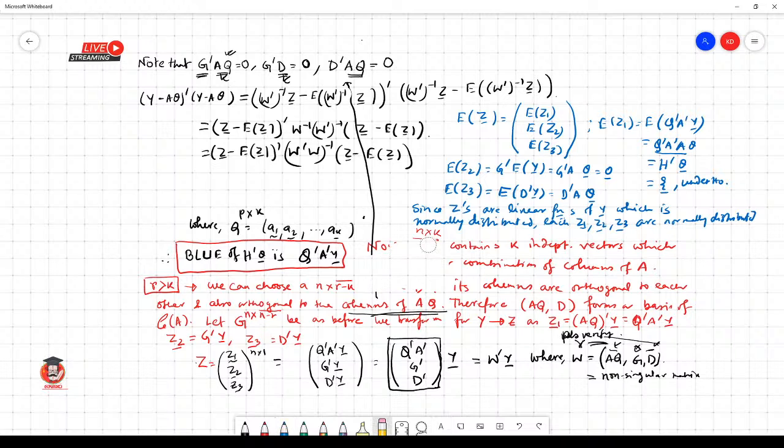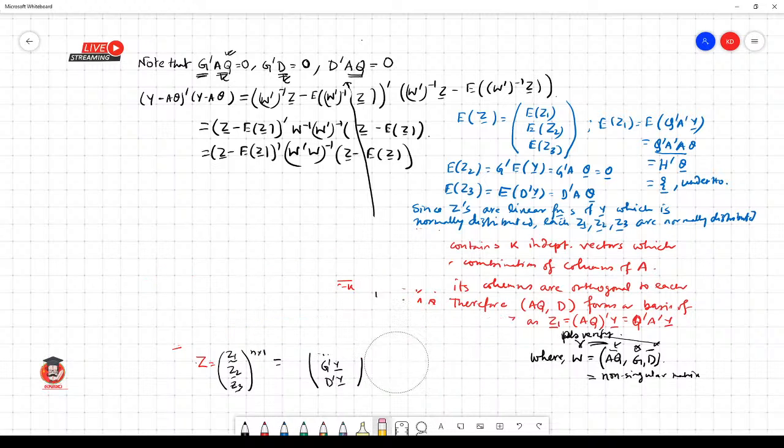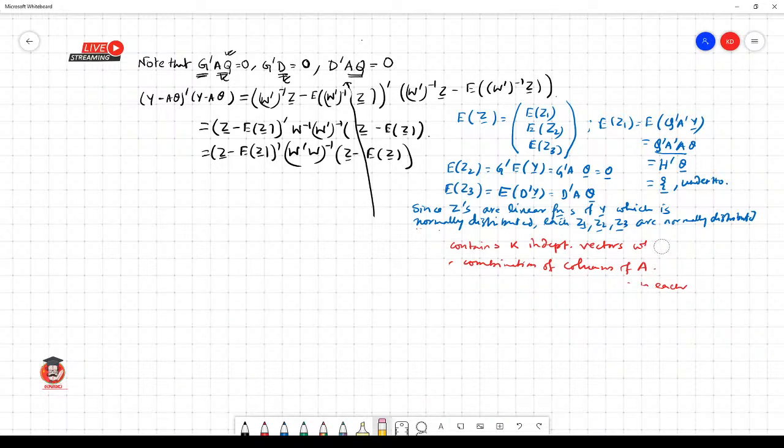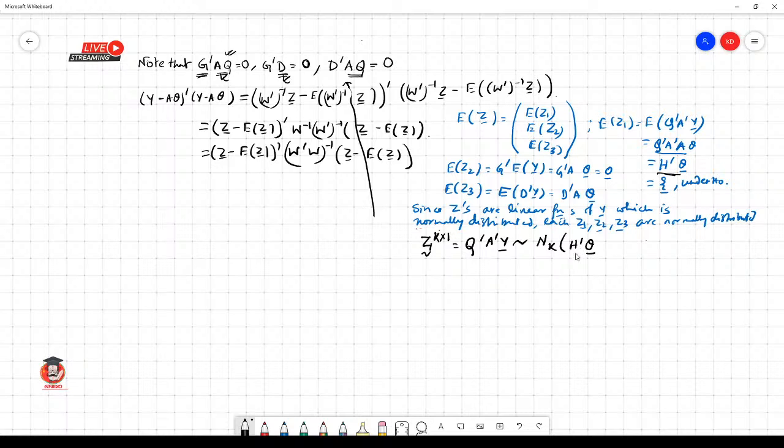So therefore, Z1 curl, which is of order k cross 1, Q prime A prime Y curl, just using the result of multivariate normal distribution, this follows H prime theta curl, since the expectation of Z1 is H prime theta curl, and the dispersion is sigma square Q prime A Q. This is the well known result of multivariate normal distribution.